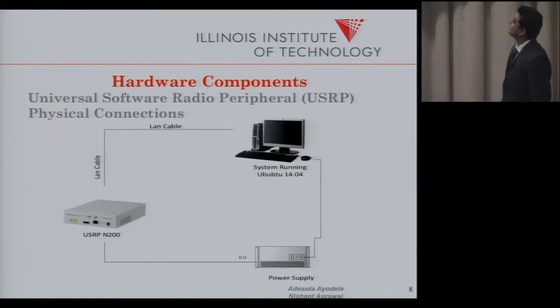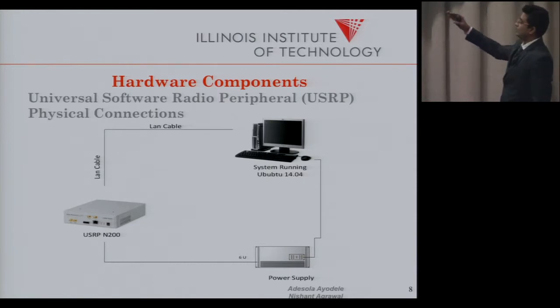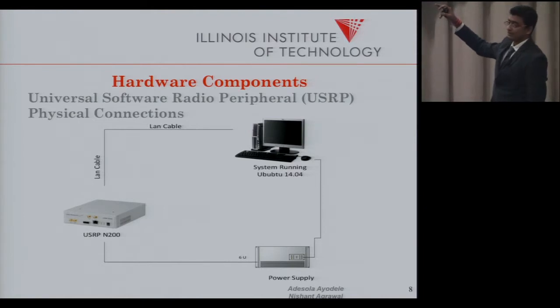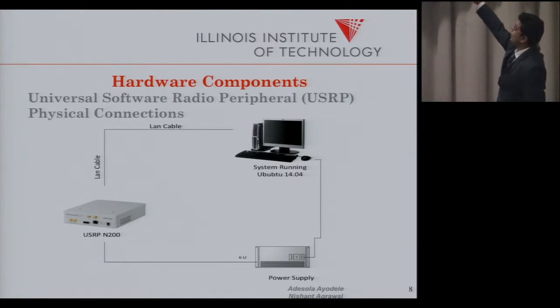This is our structure, how the USRP is connected to the system and how it works. Basically a USRP includes an antenna which provides a radio signal. It includes an Ethernet port which goes directly to your LAN cable, through the LAN cable to your system, and it has one power supply port.